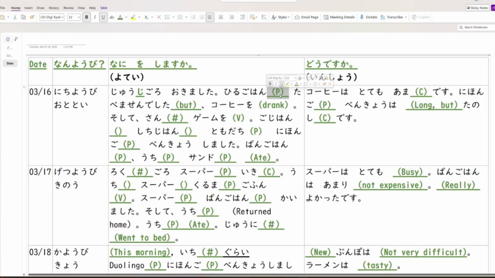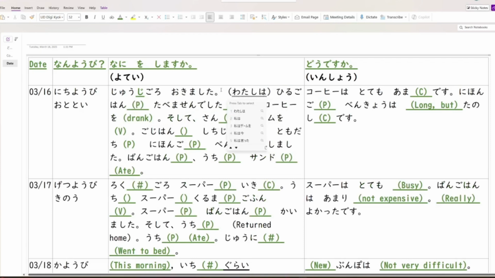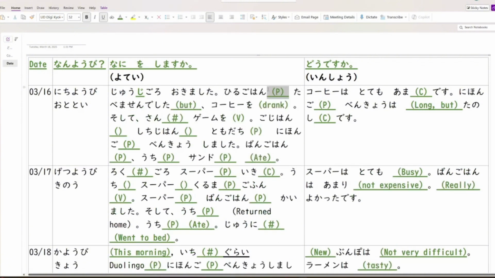If we want to do it this way, I would write this as Watashi wa hiru gohan something something tabemashita. That would help if my recall wasn't so bad.